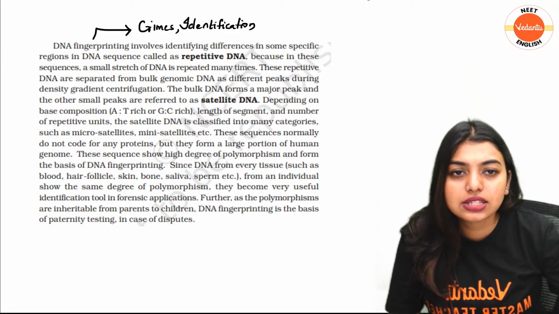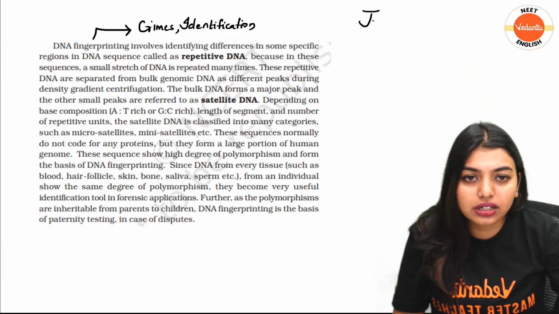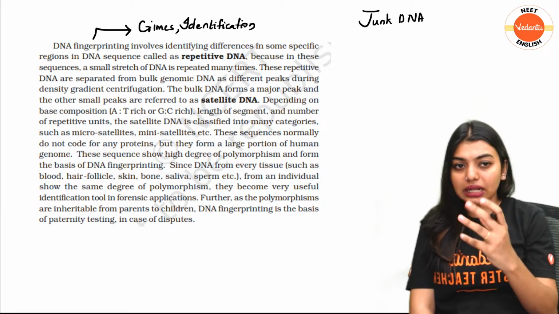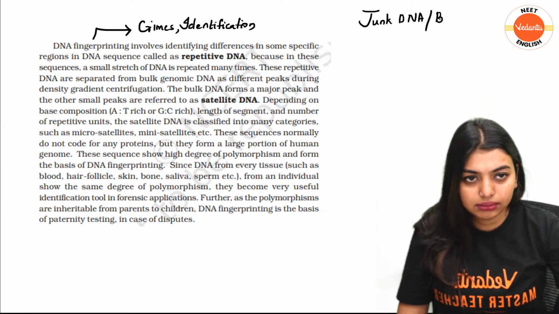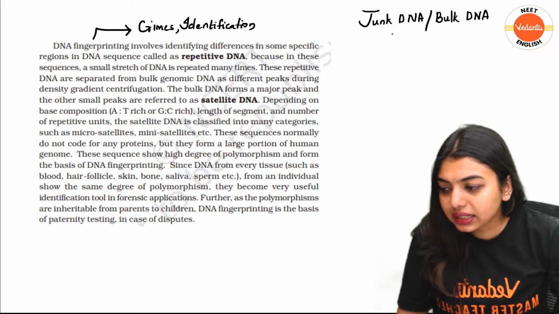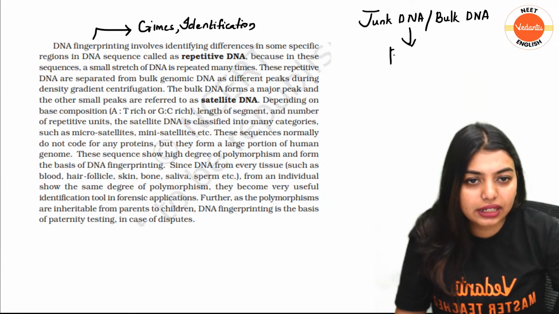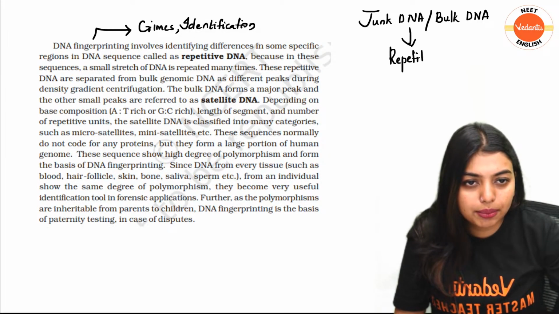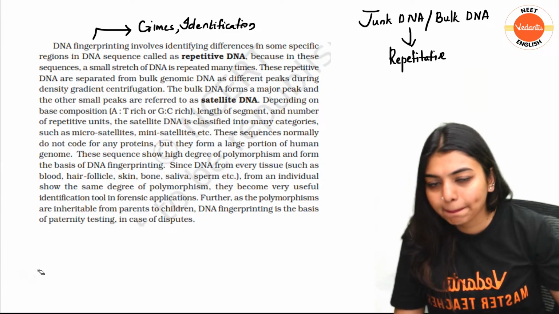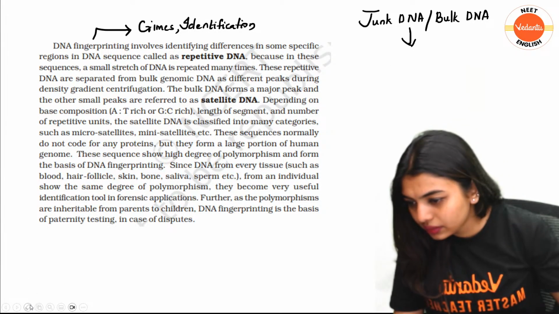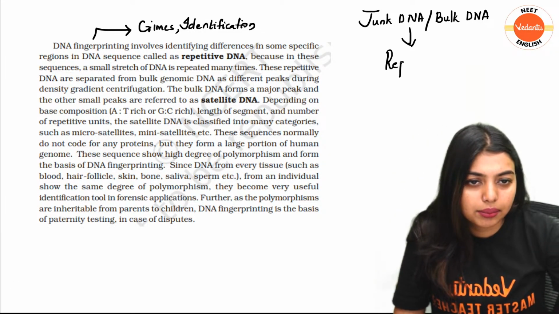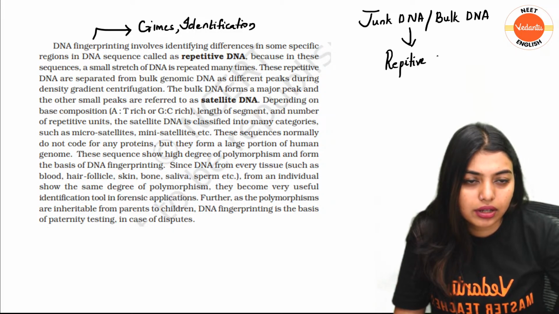It is simple. Students, I told you about bulk DNA or junk DNA. The DNA which is common for all of us is called junk DNA or bulk DNA. This bulk DNA will be completely repetitive strands, a repetitive sequence.